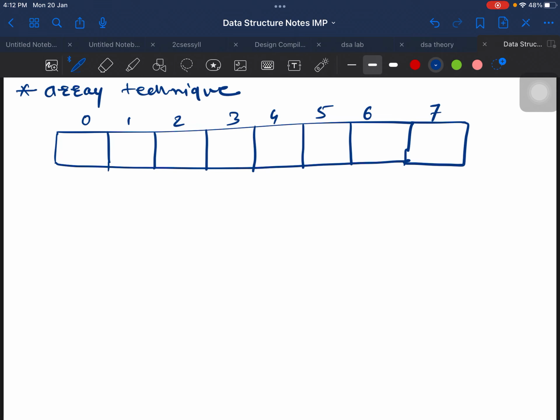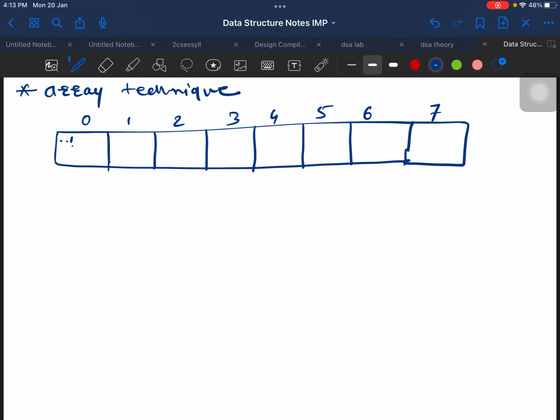So if only one node is in the set, who is the parent of that node? The parent is nothing. If you have only one value in the set, no one is the parent of that value.